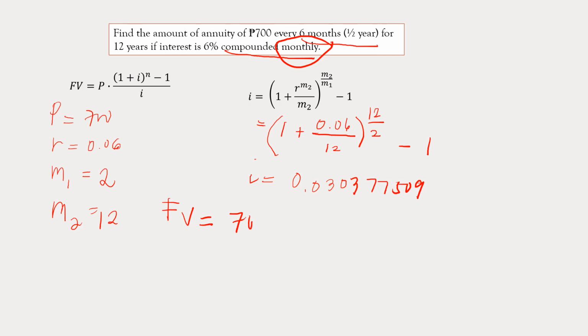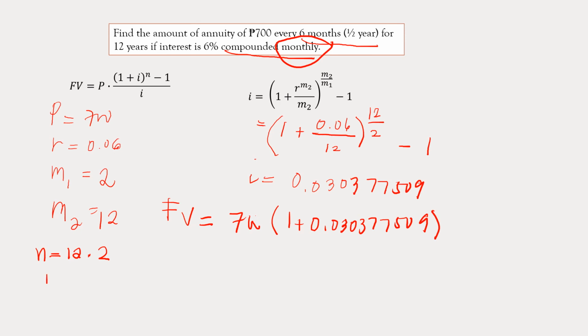Ito ngayon ang ilalagay natin dito sa formula for us to get the future value. So we'll have 700 times 1 plus 0.030377509 raised to n. Ang n pala natin ay p times k. So, 12 times, ang k natin ay compounded ay 6 months, so 2.